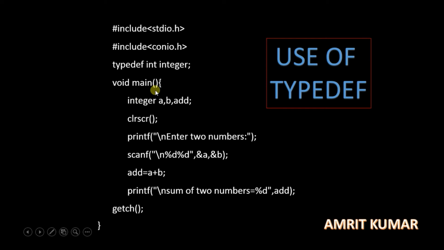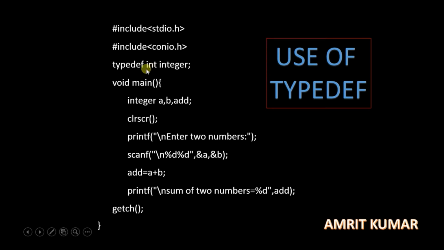You can see here I am using the integer variable because integer is the typedef variable, which means it contains int value here. So int is a primitive data type and it is going to be converted into integer with the help of a typedef. So we can define our own variables according to any primitive data type.